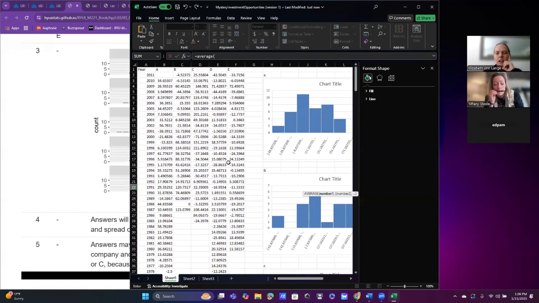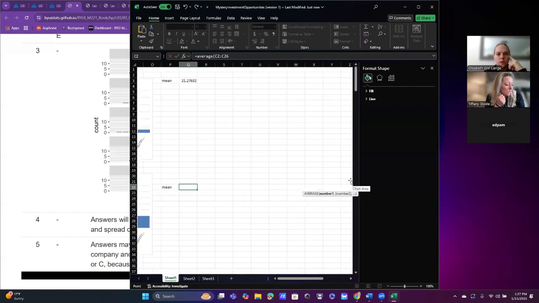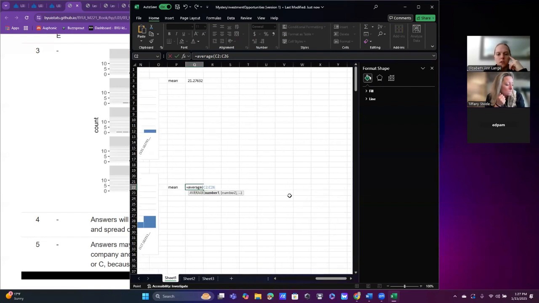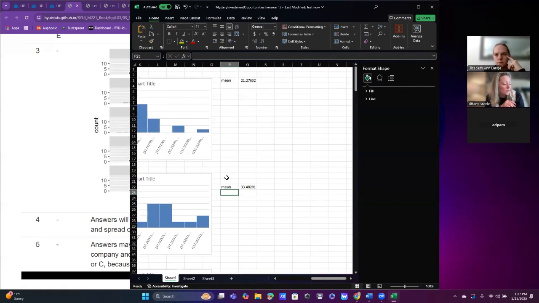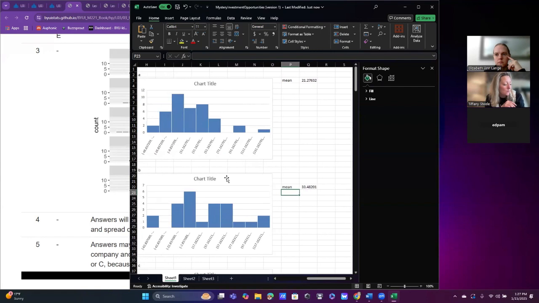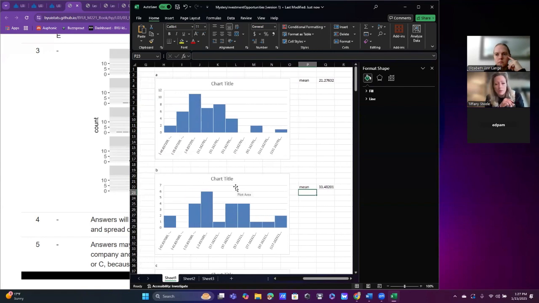And I think they gave specifics on when to use mean versus median. It depends on the shape of the data. That's when you use left skewed or right skewed.